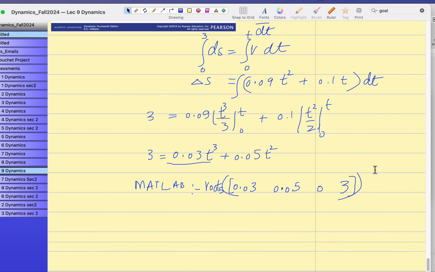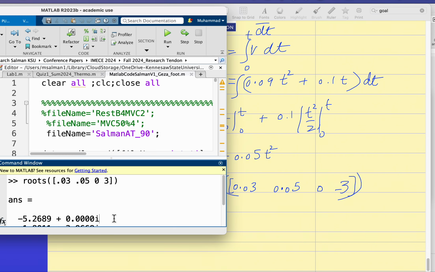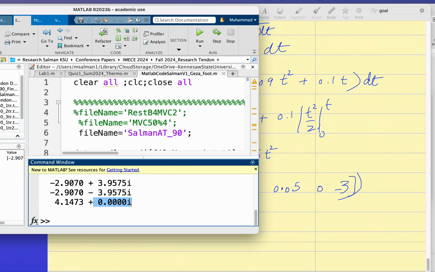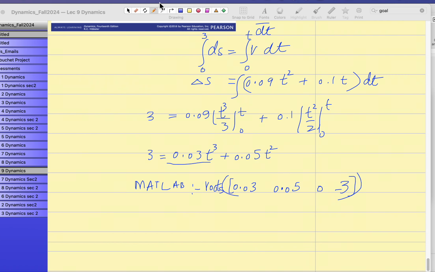Thank you for helping your professor. So there is a negative sign here, and that's why I was getting an error. Let's redo this with the negative sign. So I get 4.14. Don't worry about the complex numbers, just take the real portion.